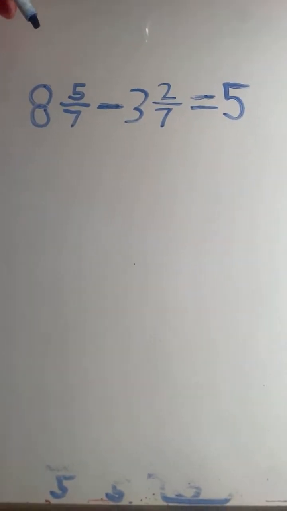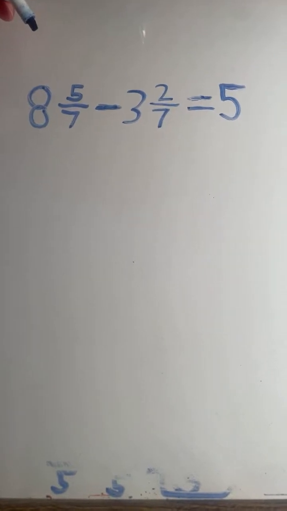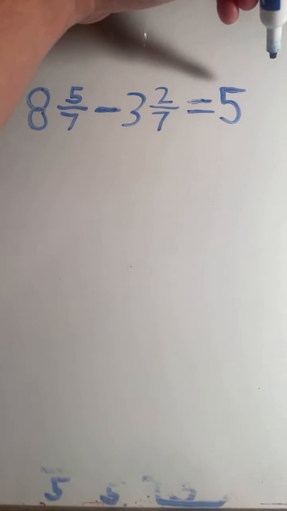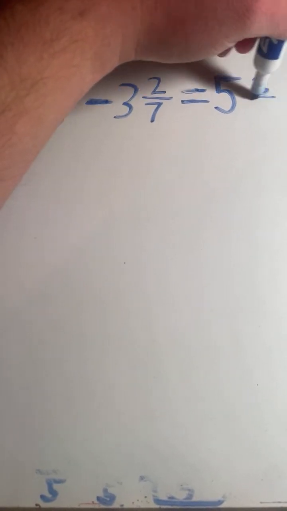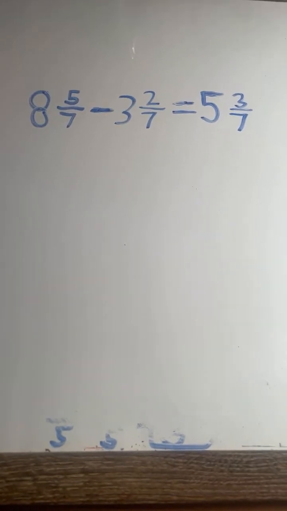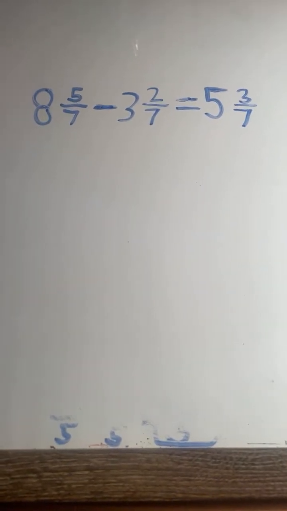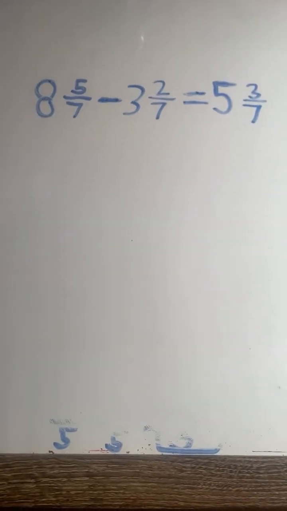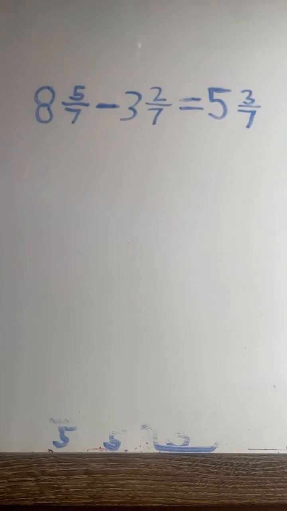Step 2, subtract the fractions. 5/7 minus 2/7 equals 3/7. And we have our final answer. 8 and 5/7 minus 3 and 2/7 equals 5 and 3/7.